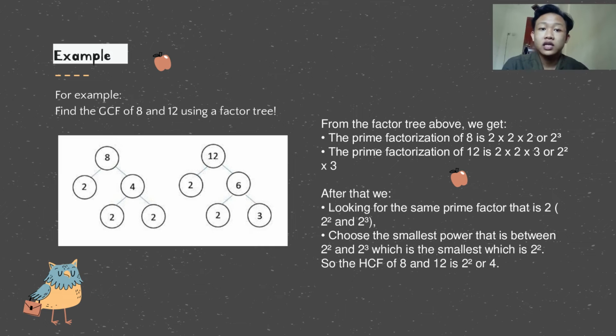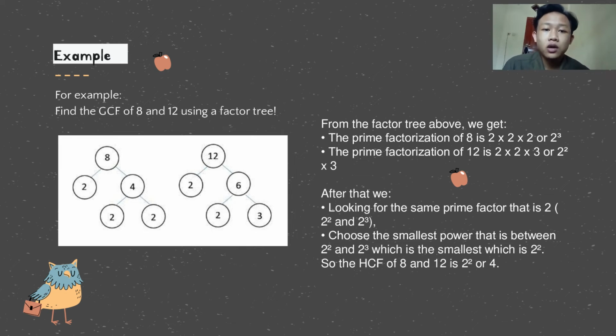The prime factorization of 12 is 2 × 2 × 3, or 2 to the power of 2 times 3. After that, we look for the same prime factor, that is 2 to the power of 2 and 2 to the power of 3.